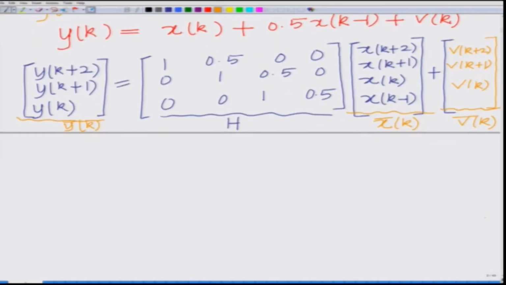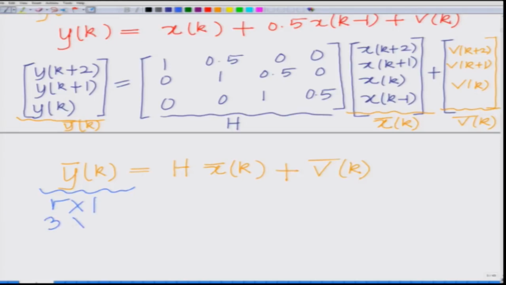Basically, using this we can develop the vector model for this intersymbol interference channel as y bar k equals H times x bar k plus v bar k, where v bar k is the noise vector. Remember, y bar k is an r cross 1 vector, r equals 3, so this is a 3 cross 1 matrix.